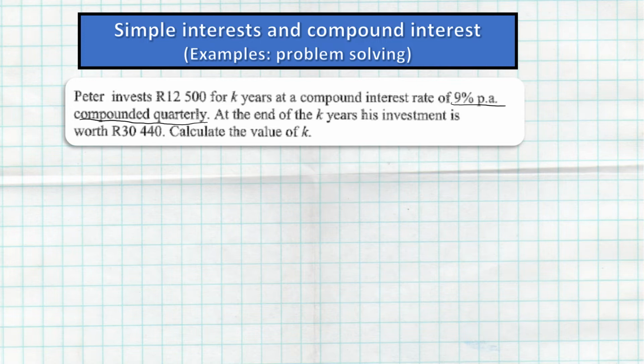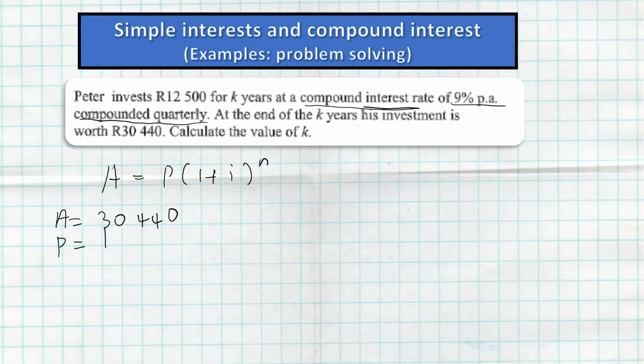Then they want you to calculate the value of K. So you can see this is compound interest, so we know we have to use the compound interest formula, and we must know the value of A, that is the accumulated amount. It is 30,440. P, the initial amount that was invested, is 12,500.